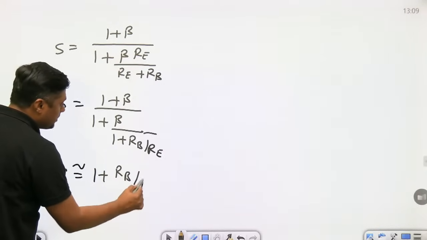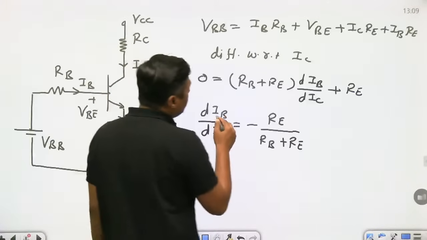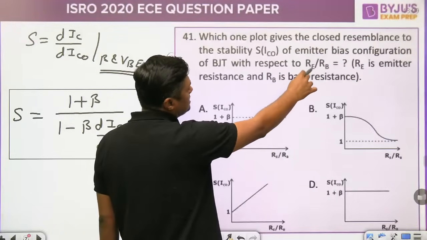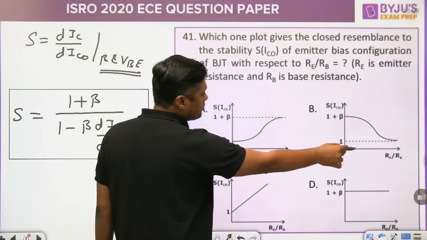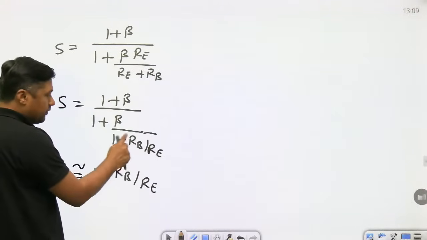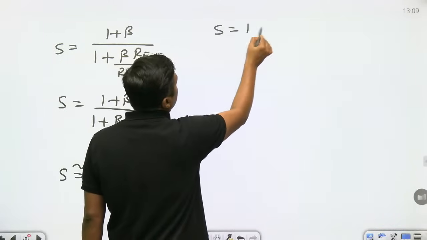From that you can find the value. Now guys, try to understand, when RE is 0, in terms of RE upon RB, that term becomes infinite, and S is equal to 1 plus beta.